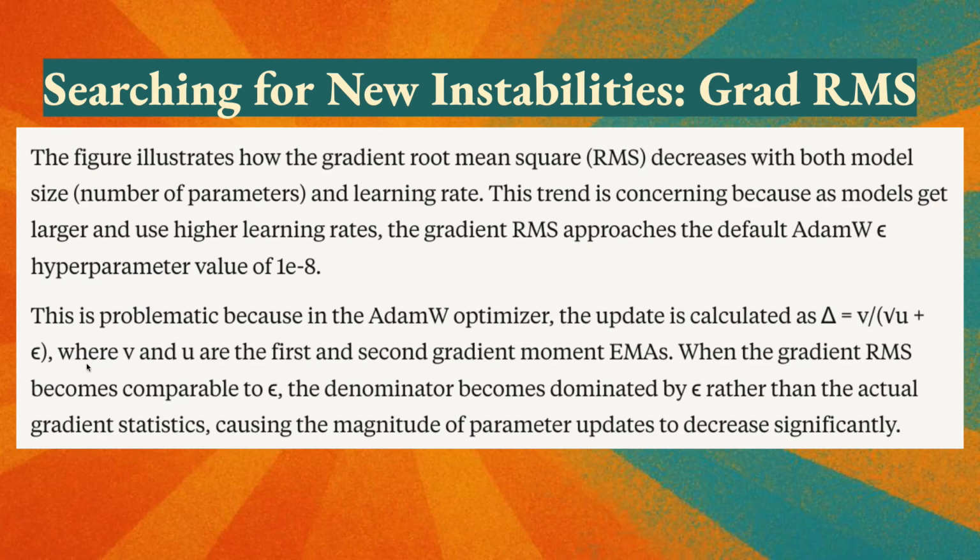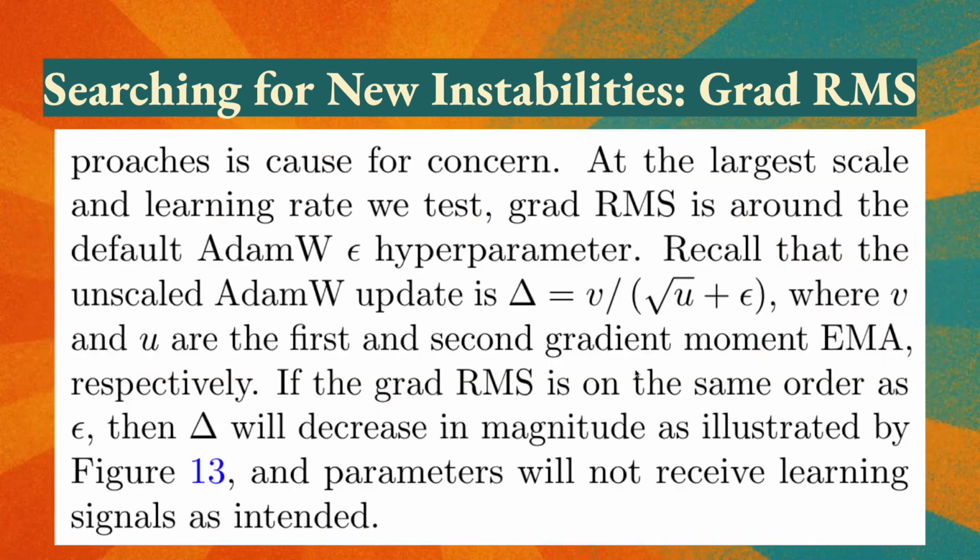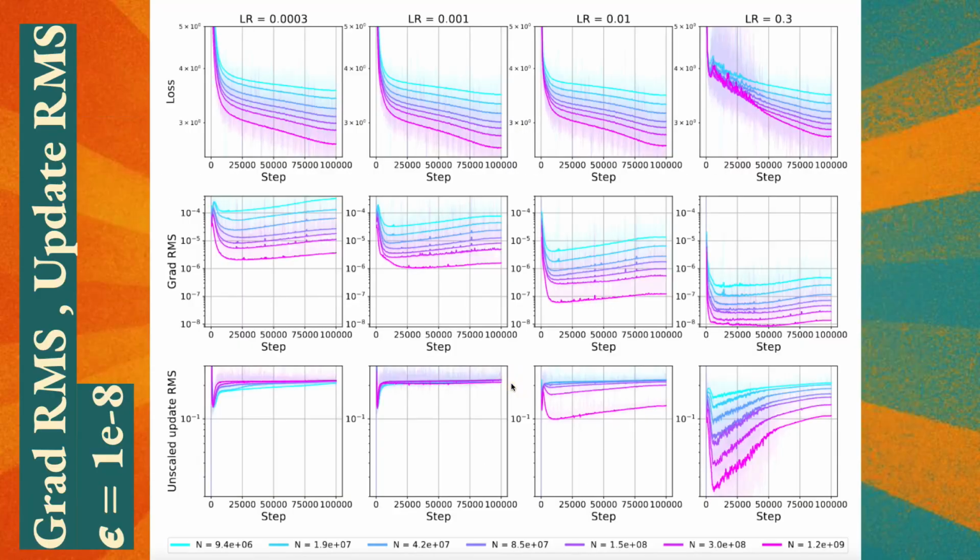You're stopping your learning. This is pretty much the same information that they provided in the textbook. I don't think there's anything else I wanted to highlight, other than saying that if the gradient RMS is on the same order as epsilon, then the unscaled update will decrease in magnitude. The parameters will not receive learning signals as intended.